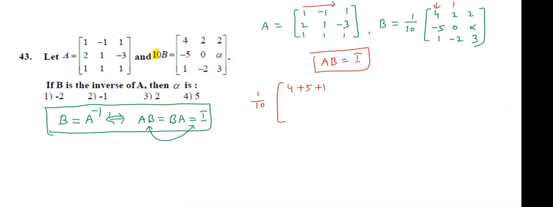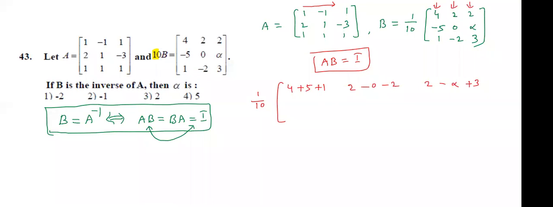First row, second column: 2, 0, minus 2. Next, first row, third column: verify that. 2 minus alpha plus 1 into 3, 3. Okay. Now here we need to find the alpha value.